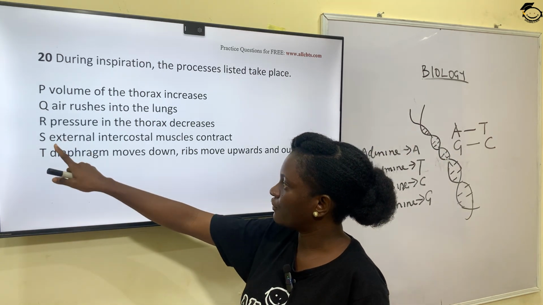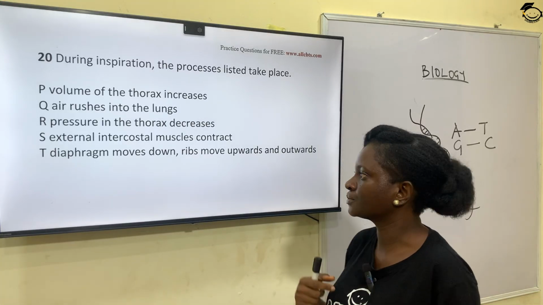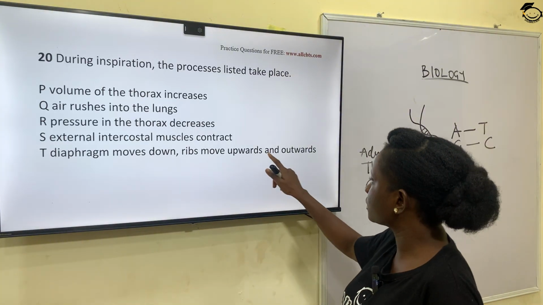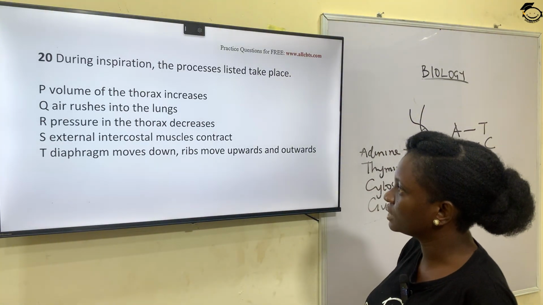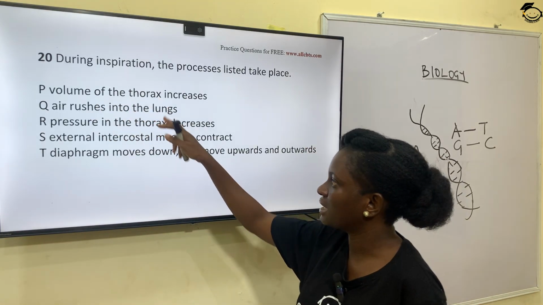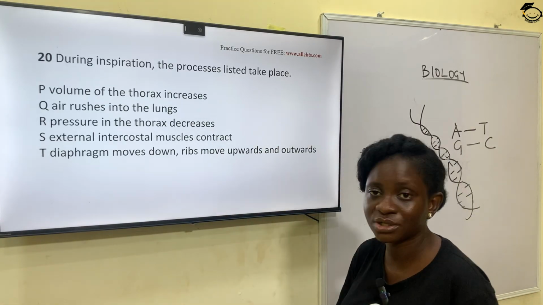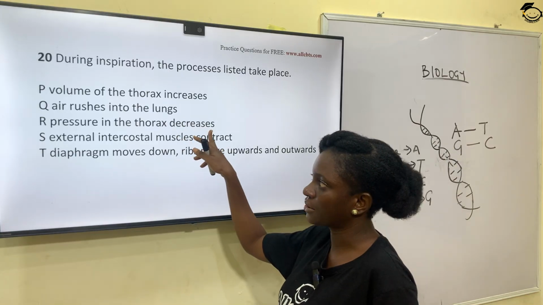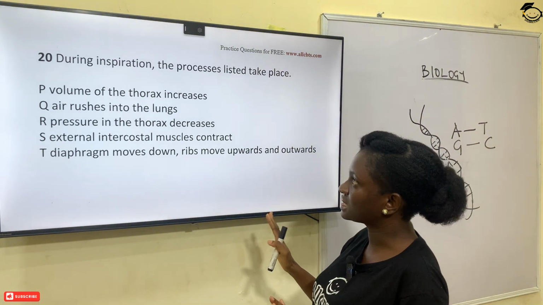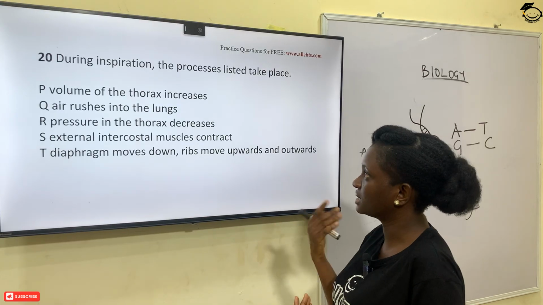So the first one is that the muscle contracts. There's contraction. Then the diaphragm moves down, ribs move upward and outward. And the next thing is the volume of the thorax increases. And once the volume of the thorax increases, the pressure in the thorax will definitely decrease and air rushes into the lungs. So that's the flow of how inspiration takes place.